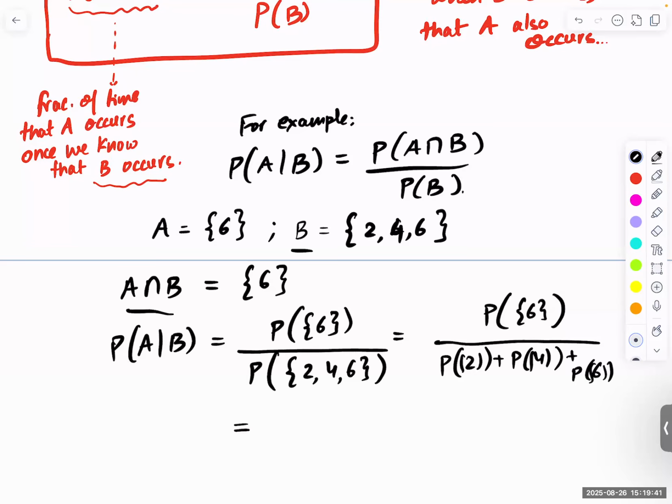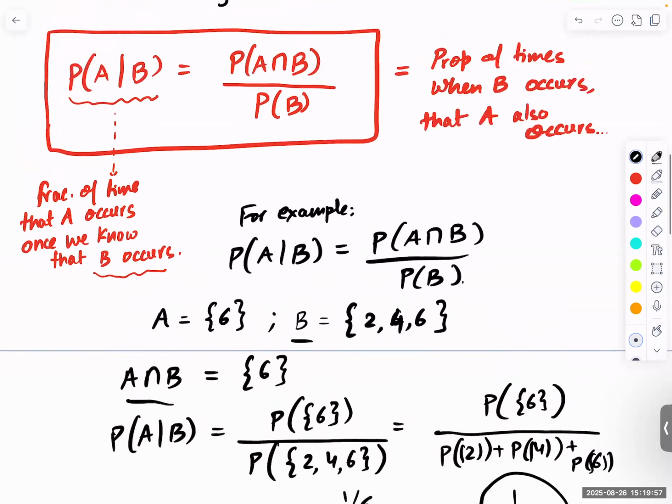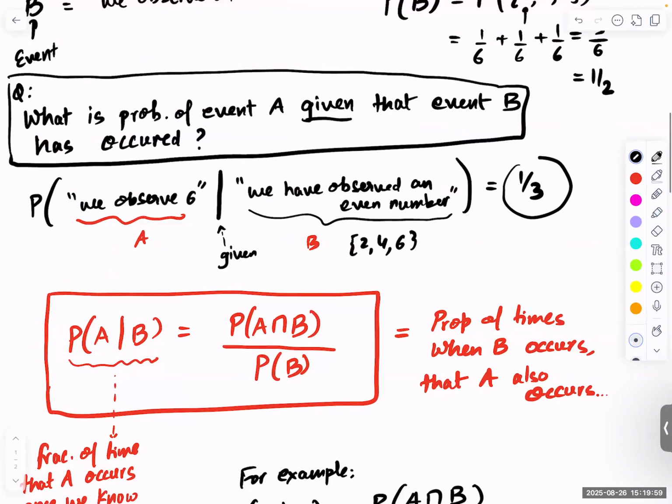Each one of them is 1 by 6, so I can write 1 by 6 divided by 1 by 6 plus 1 by 6 plus 1 by 6. The 1 by 6 will cancel, so I'll get 1 by 3. So we arrive at the same answer as we derived here in a hand-wavy manner, but we got it through the proper definition.